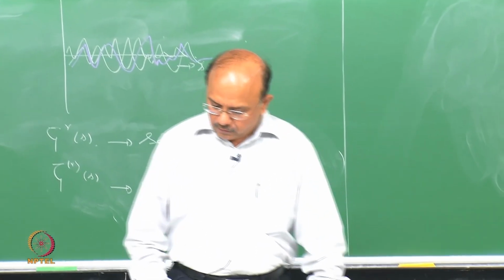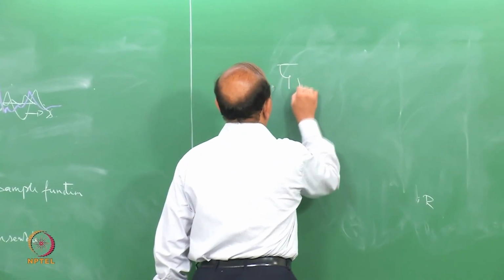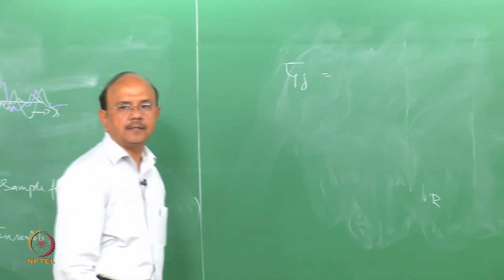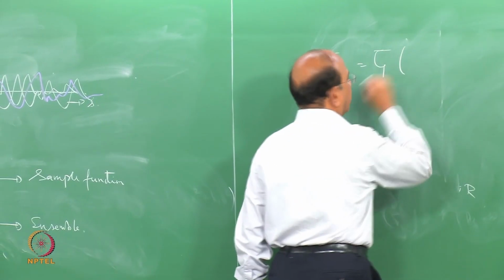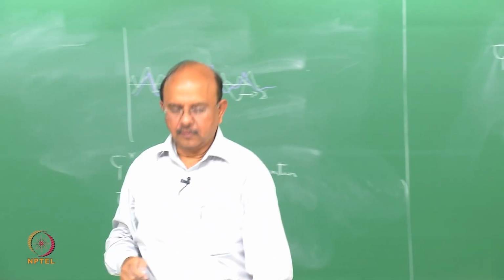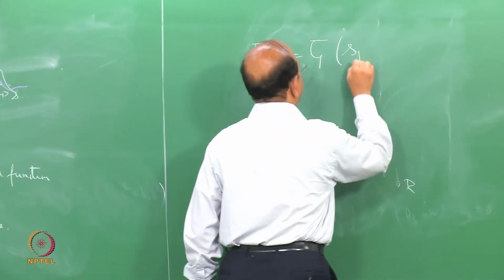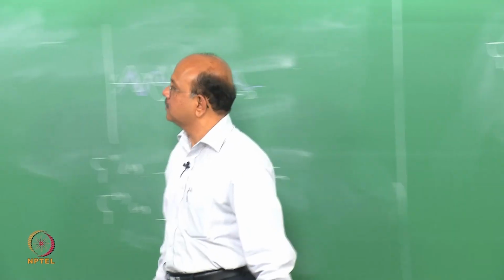Now let us say that zeta j indicates the value of this roughness, say in terms of height, for a particular distance Sj. As you rightly said, the question is, what is Sj?